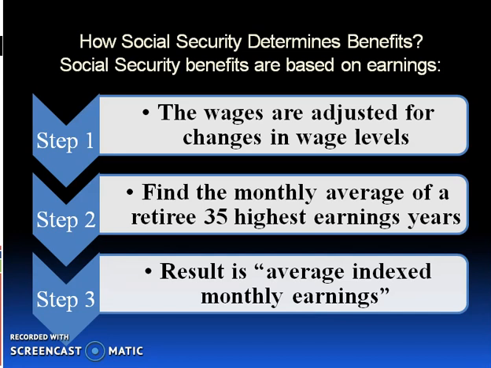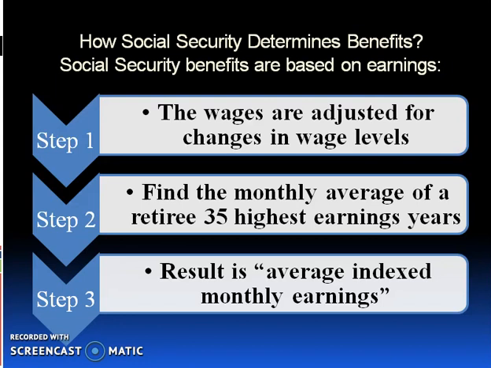So, how does Social Security determine benefits? Social Security keeps a record year to year of your earnings, up to what's called the ceiling. When you apply for benefits, computers at the agency will adjust or index your wage history to account for changes in average wages since the years that you received the earnings.